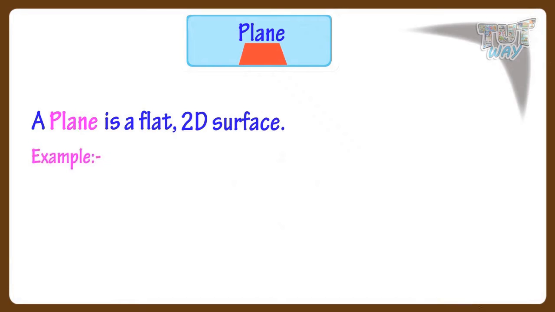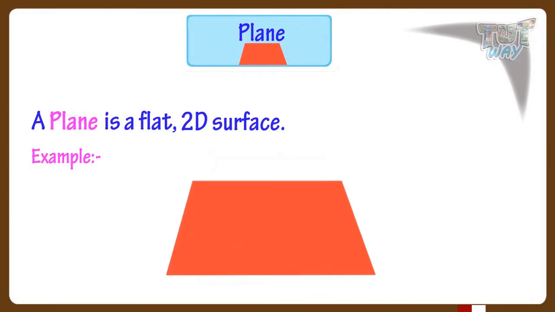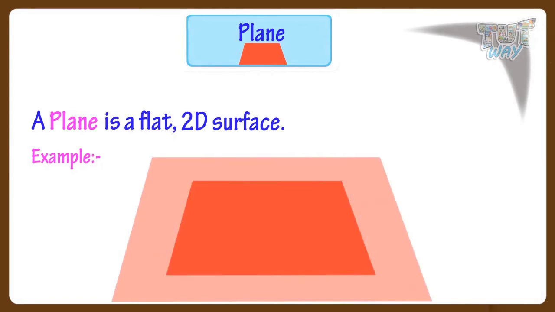Example: if we are drawing something on a flat surface like paper or a wall or floor, we are drawing on a plane, which is 2D. It has only 2 dimensions, length and breadth. And a plane goes on forever. So, a flat surface that goes on forever is an example of a plane.